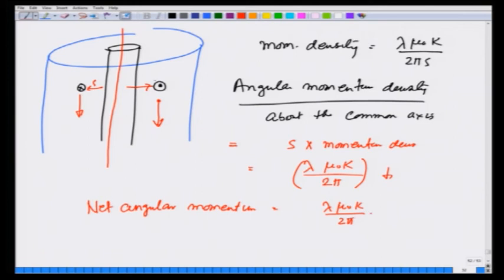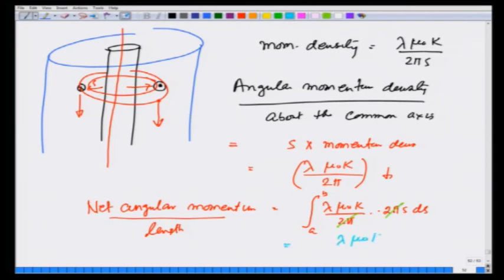Then out here in this shell, let us say net angular momentum per unit length is going to be the integral of 2 pi s ds times unit length, which is 1, and this is going to be from a to b. We cancel 2 pi and this comes out to be lambda mu 0 k (b square minus a square) over 2.